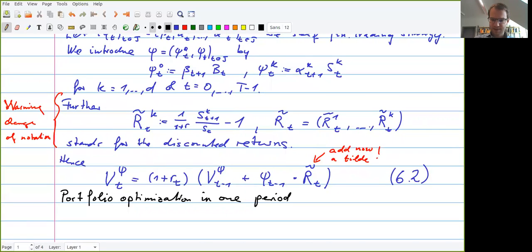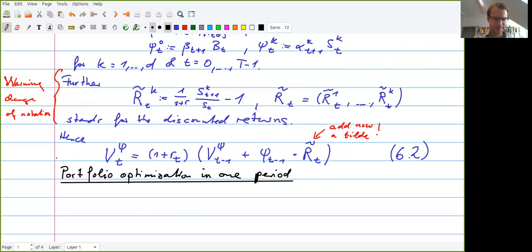We come to the general multi-period case later today. But let us start to understand under what condition we can find a solution to our original portfolio optimization problem P. And I really should recall what P was, of course.